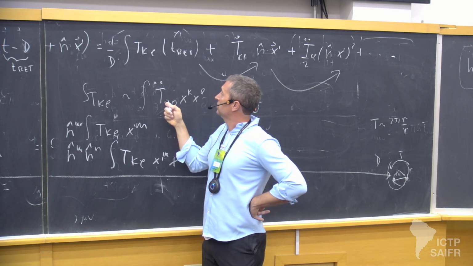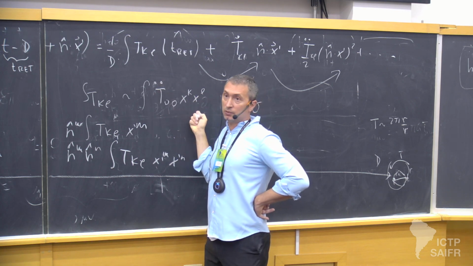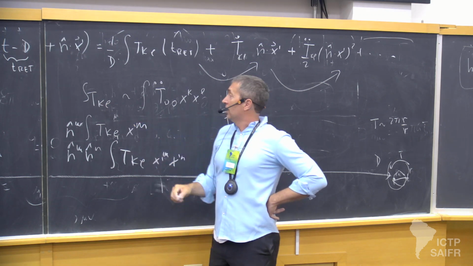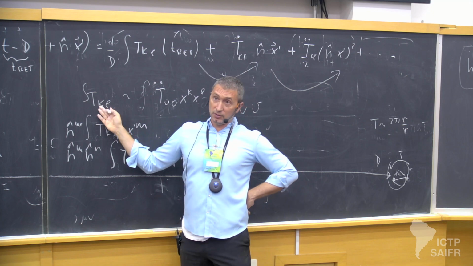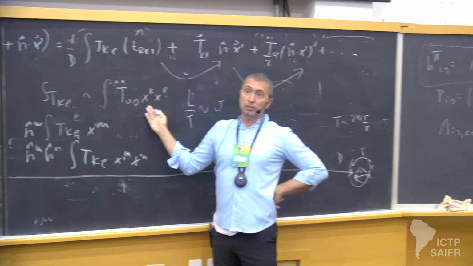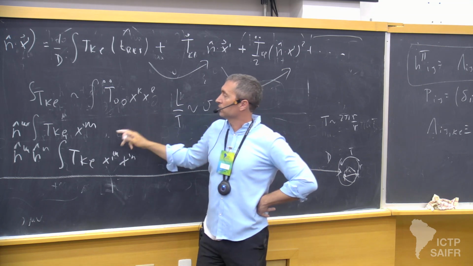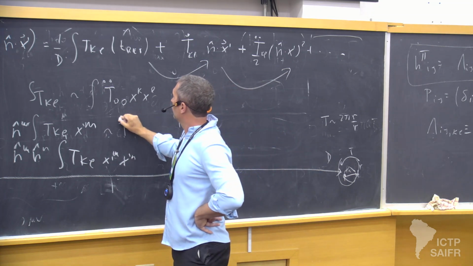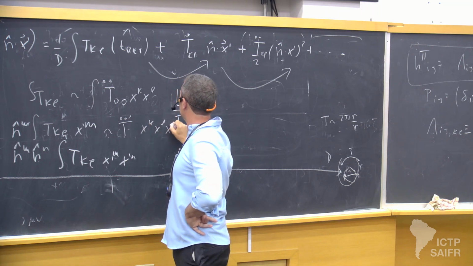The scaling is okay because this is mass L divided by T, L divided by T, this is m v squared, this is m v squared. So yes, we can trade the integral of the space-space component of the energy momentum tensor for a suitably differentiated second moment of the energy momentum tensor. And here the same. You can hope to trade this for a third derivative of the third moment, and so on.